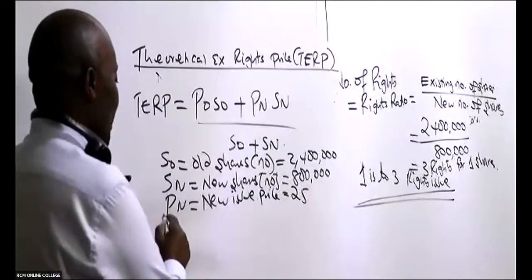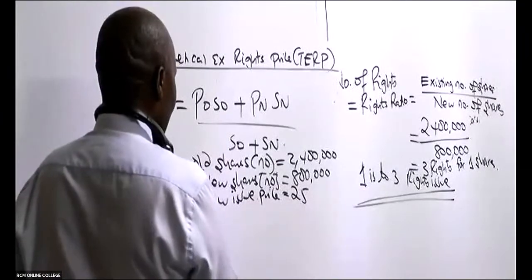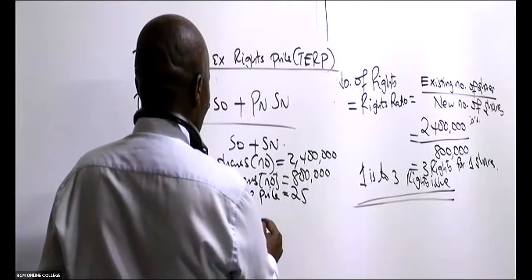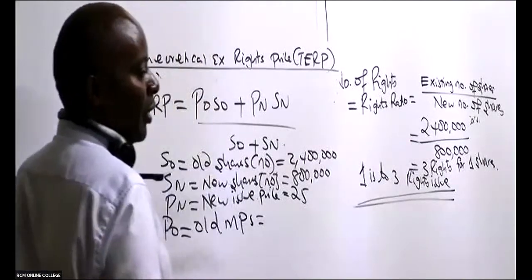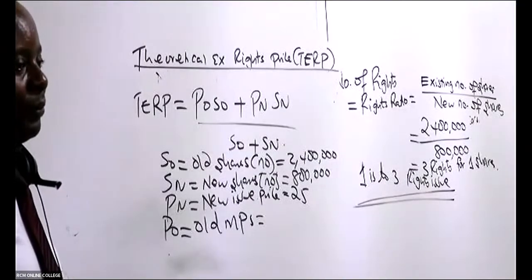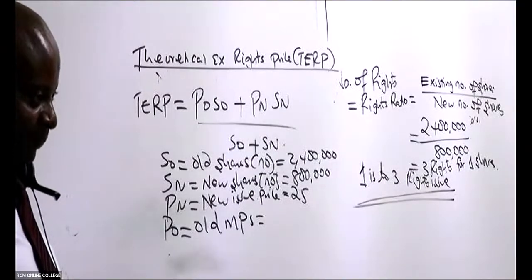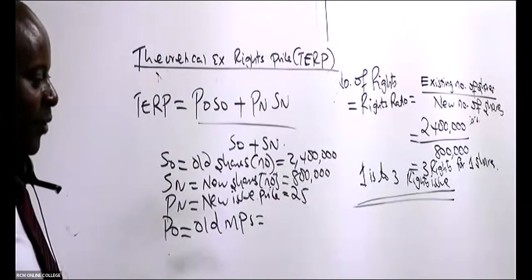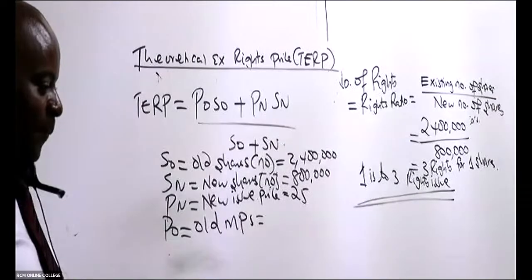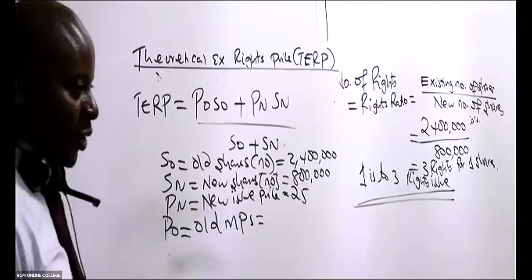In this case, PO stands for the old market price per share. Please give me this old market price per share.